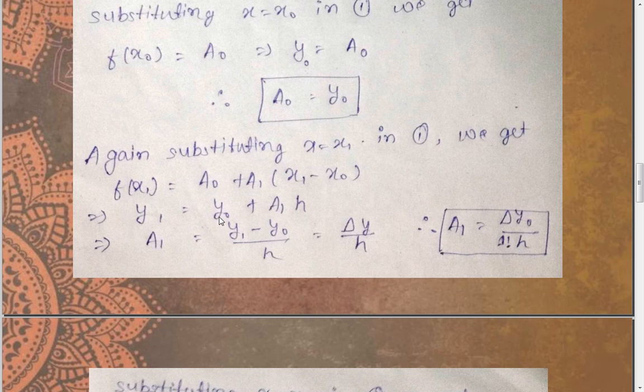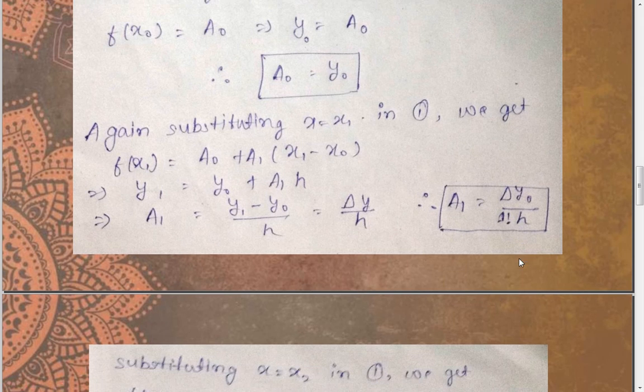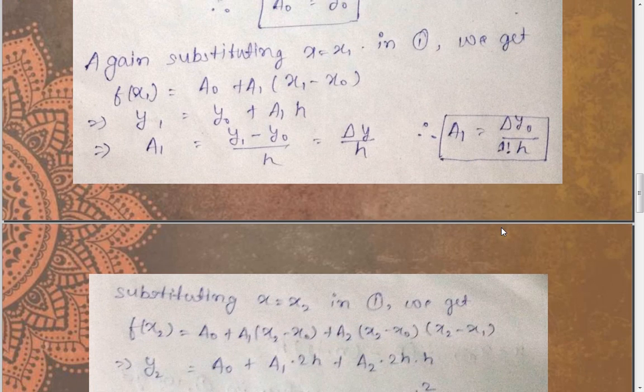So y1 is equal to y naught plus a1 times h, and a1 is equal to (y1 minus y naught) by h, and this y1 minus y naught is nothing but the finite difference del y naught, so a1 is equal to del y naught by 1 factorial of h. Here I have written 1 factorial because 1 is already there, so 1 factorial is equal to 1, so we can write 1 as 1 factorial, it doesn't bother us.